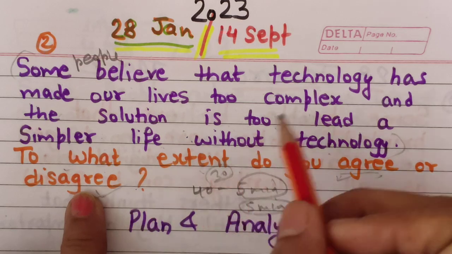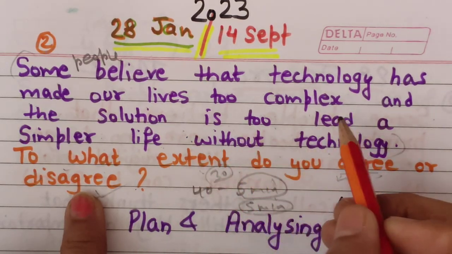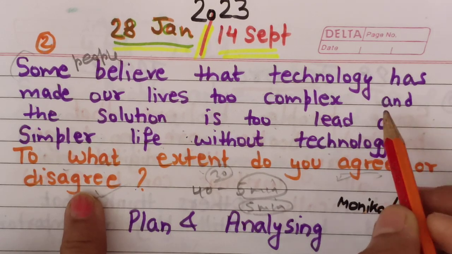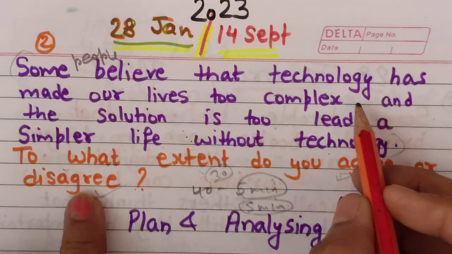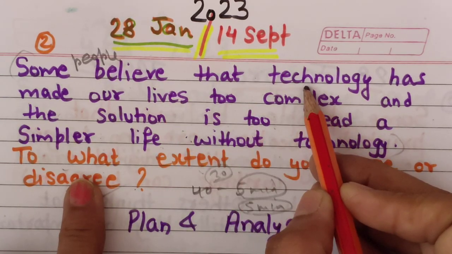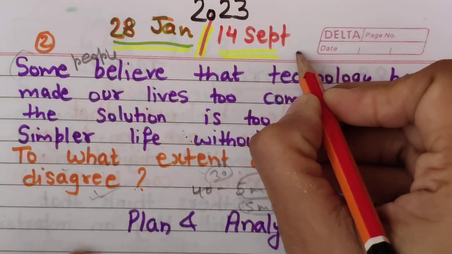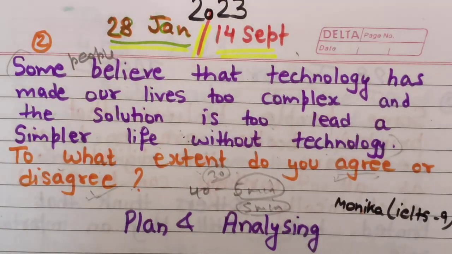You disagree that technology has made our life easier, and it means you and other people are those who are supporting your idea, they like to use technology. Here these people don't like to use technology. So what can we write in our introduction? I will write it here, just a minute.